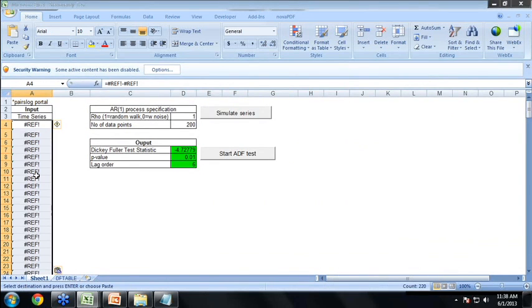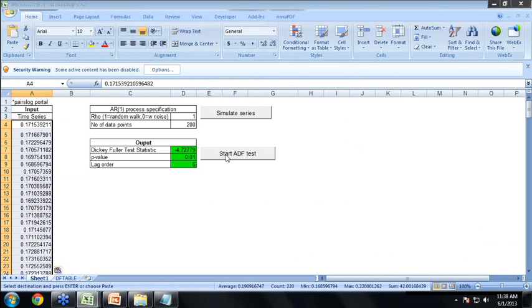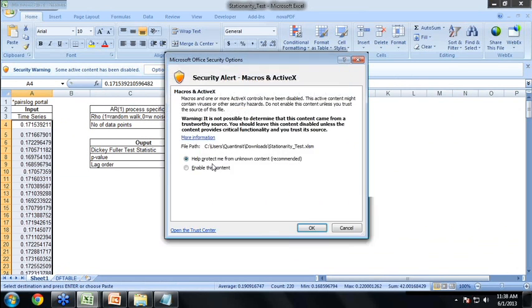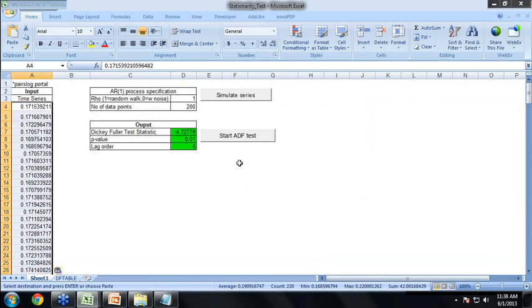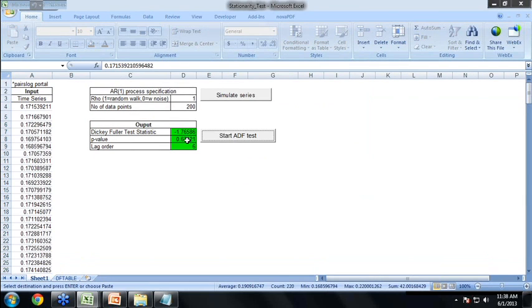So if I do this, values only. If I say start ADF test, okay, we are seeing a p-value of 0.67. Now the significance of the p-value is that what it is saying is that there is a 33% probability that this series would be stationary.